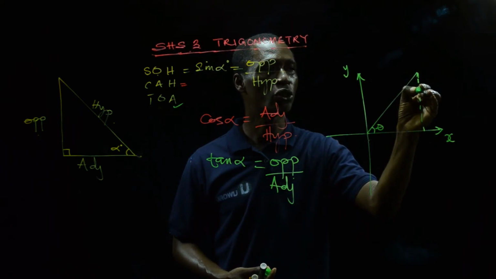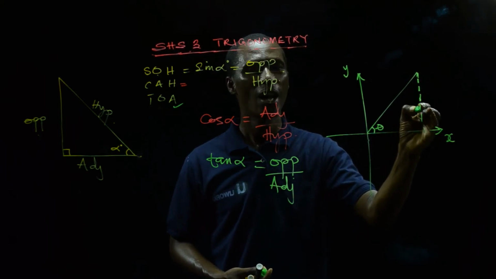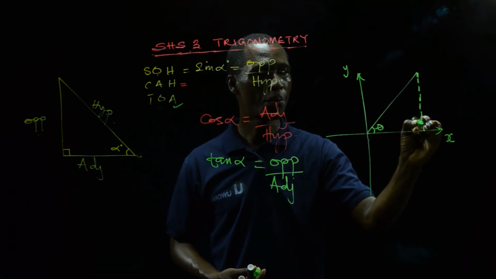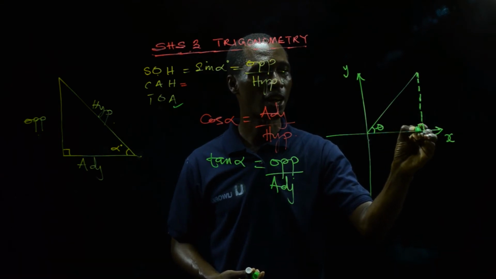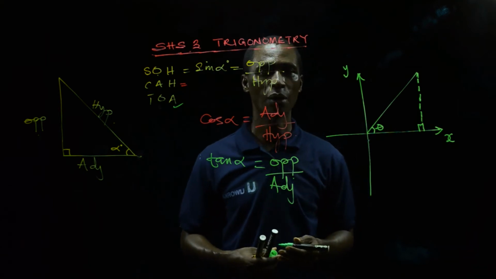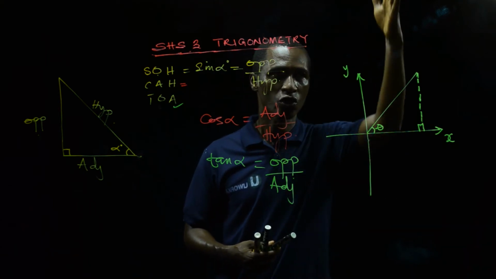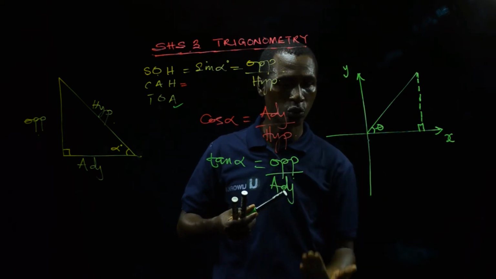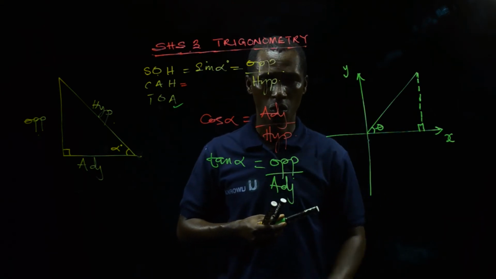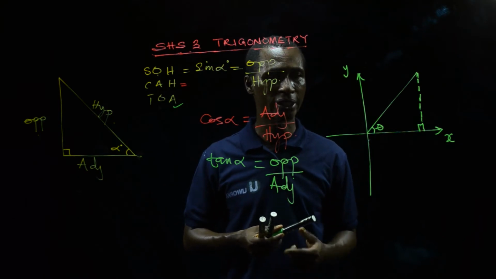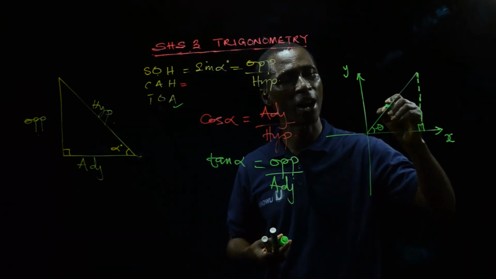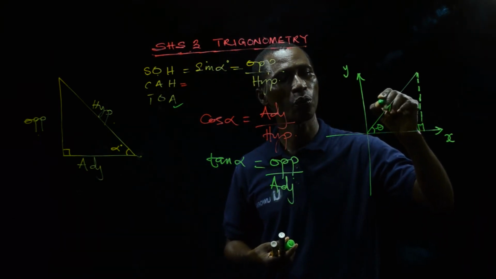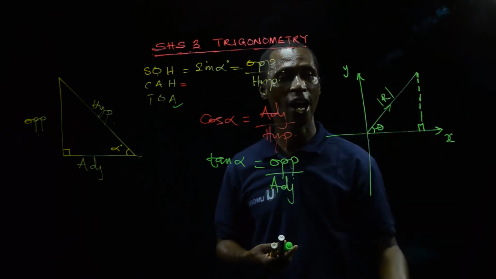And this is vertical. From coordinate geometry, we know that a vertical line will meet a horizontal line at a right angle. So as I'm standing erect, if I leave this marker and it goes down straight, it will meet the ground at an angle of 90 degrees. So here is 90 degrees. This is my resultant force, which we call R, or my hypotenuse.